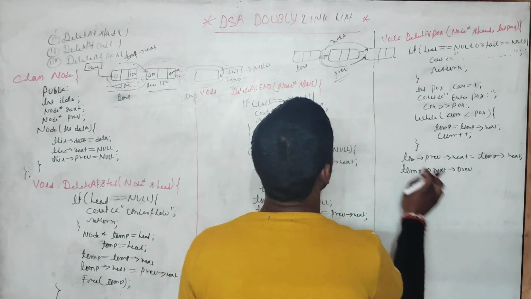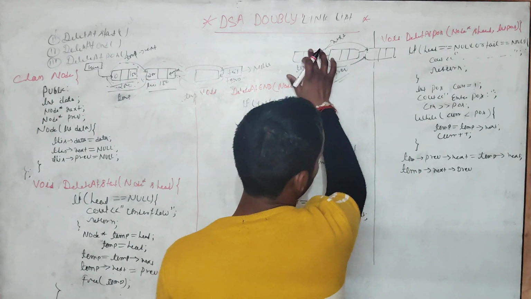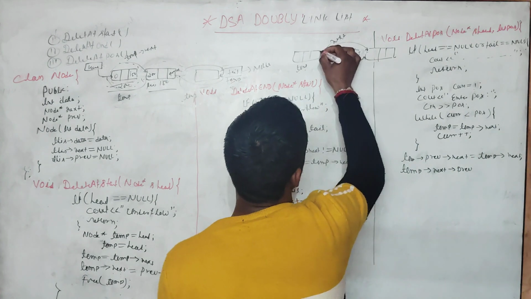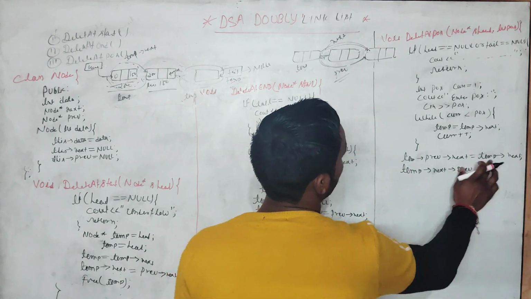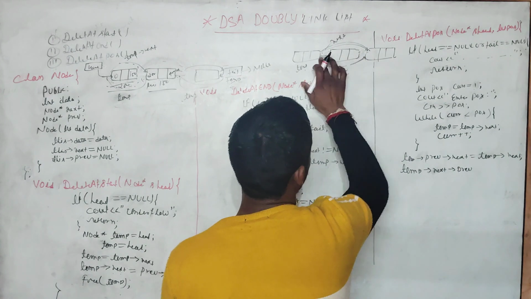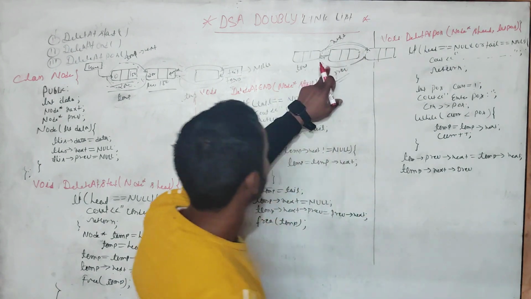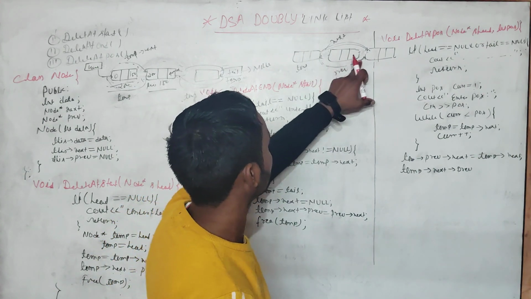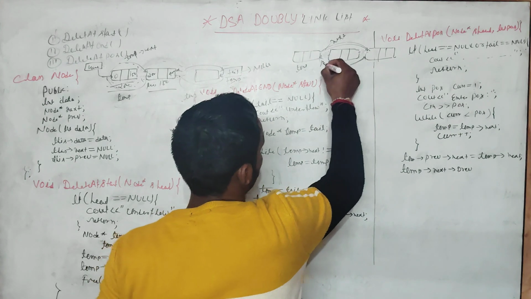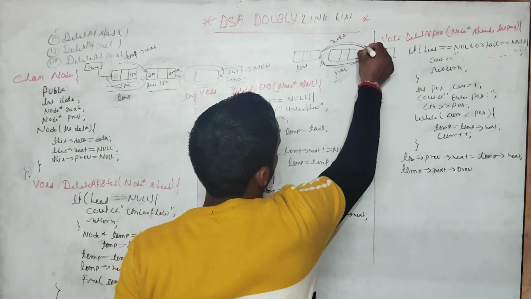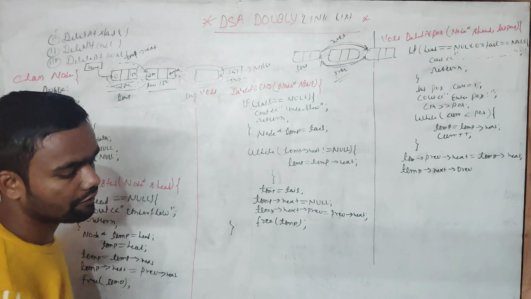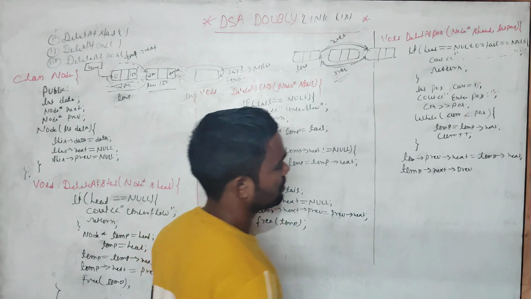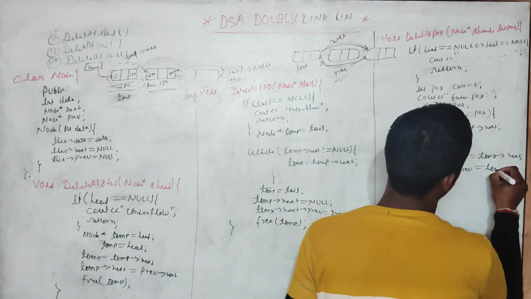Then temp of next of previous will denote where this node is removed, and it will denote this node. I simply write here temp of next is equal to temp of previous.